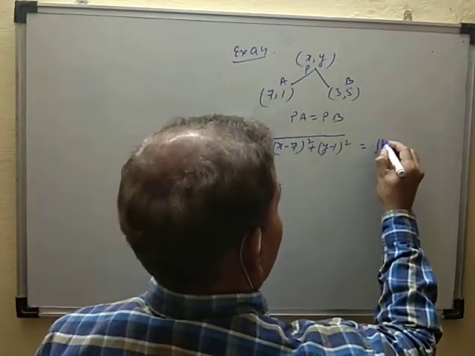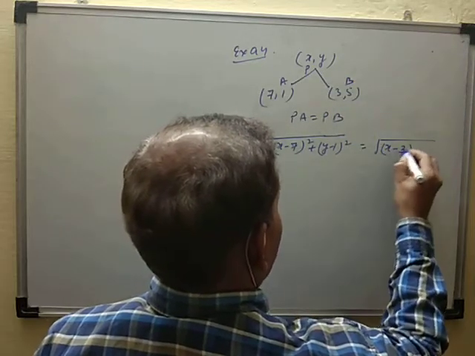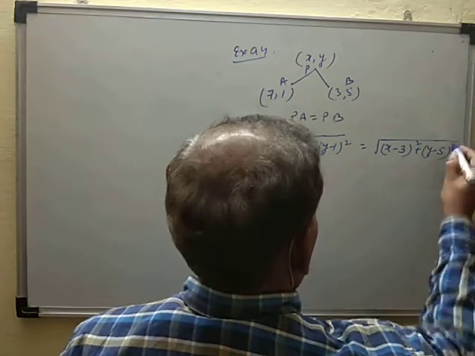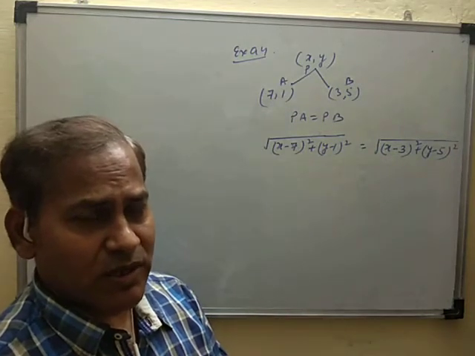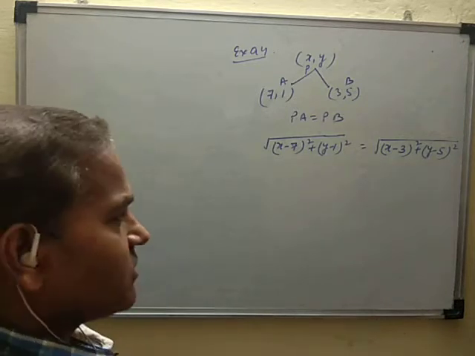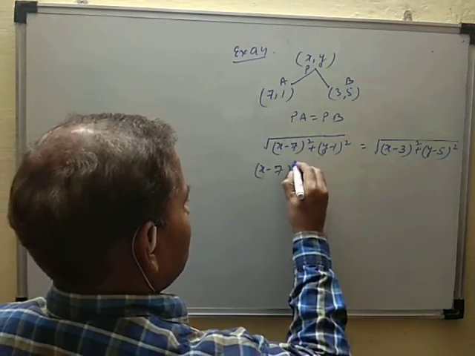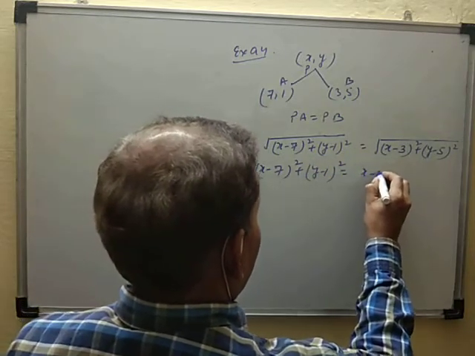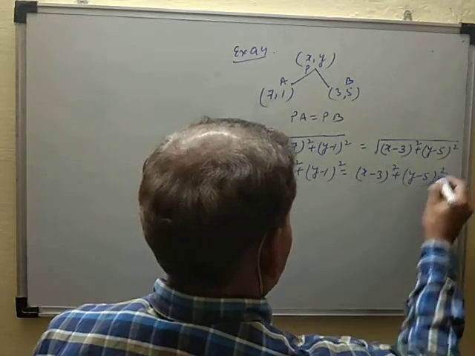This equal to PB, that is x minus 3 whole square plus y minus 5 whole square. Use formula. Now for deleting the square root, now squaring both sides. So squaring both sides, then square root cancel. So x minus 7 whole square plus y minus 1 whole square is equal to x minus 3 whole square plus y minus 5 whole square.